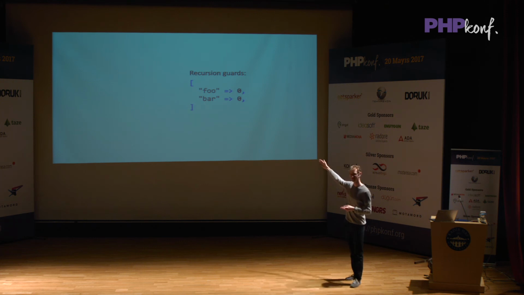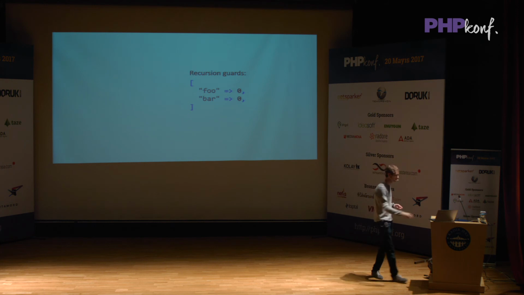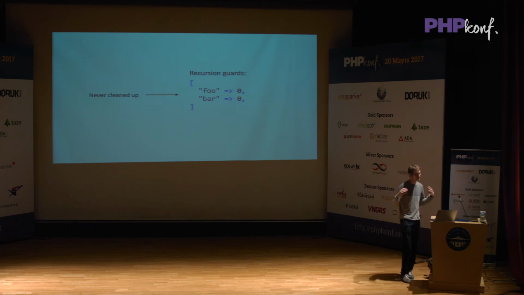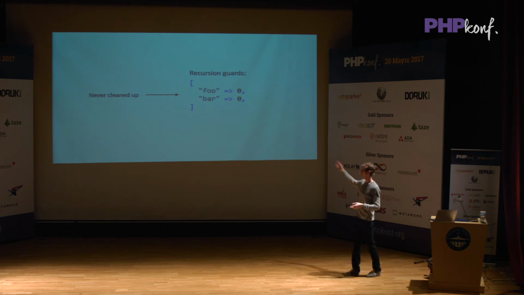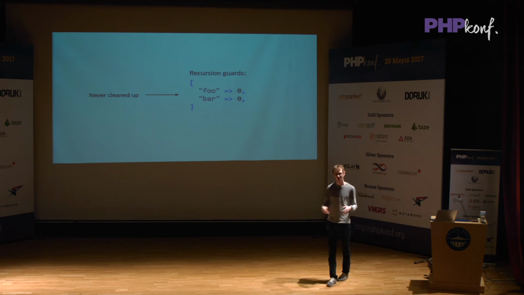So this array will still stay on the object. It does not get cleaned up. And once again, there is no way to remove it. It's basically effectively a memory leak, it will just stay on the object forever.